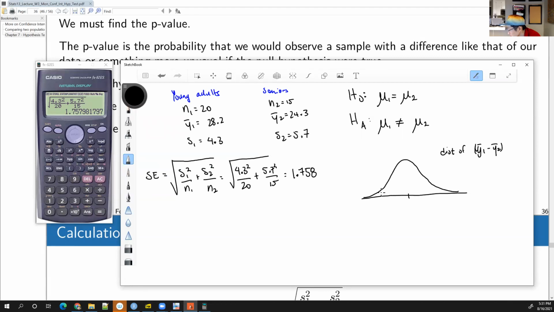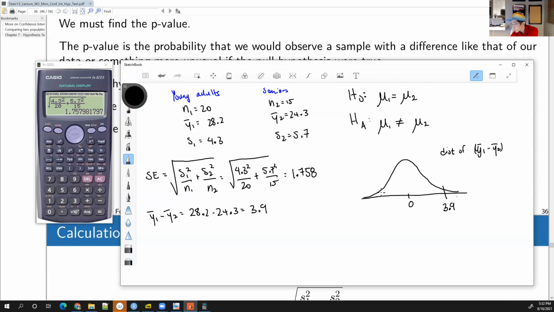If the null hypothesis were true, we would expect that quantity to be close to 0. And what we're getting is a difference of 3.9. When we calculate y bar 1 minus y bar 2, we get 28.2 minus 24.3. We get a difference of 3.9.